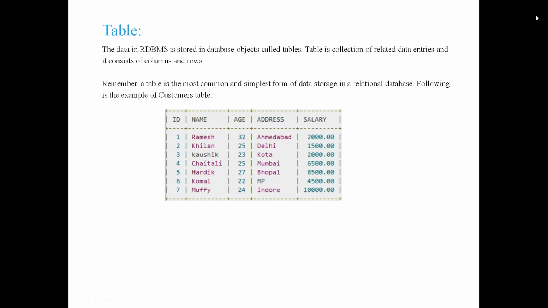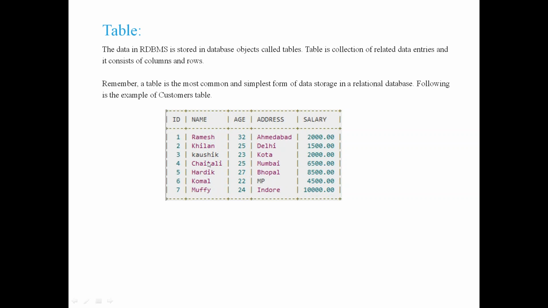This is how a table looks. On top of the table, you see the ID, name, age, address, salary. These are column names, or column attributes, in the table. And what you are seeing, 1, Ramesh, 32, Ahmedabad, are data rows.